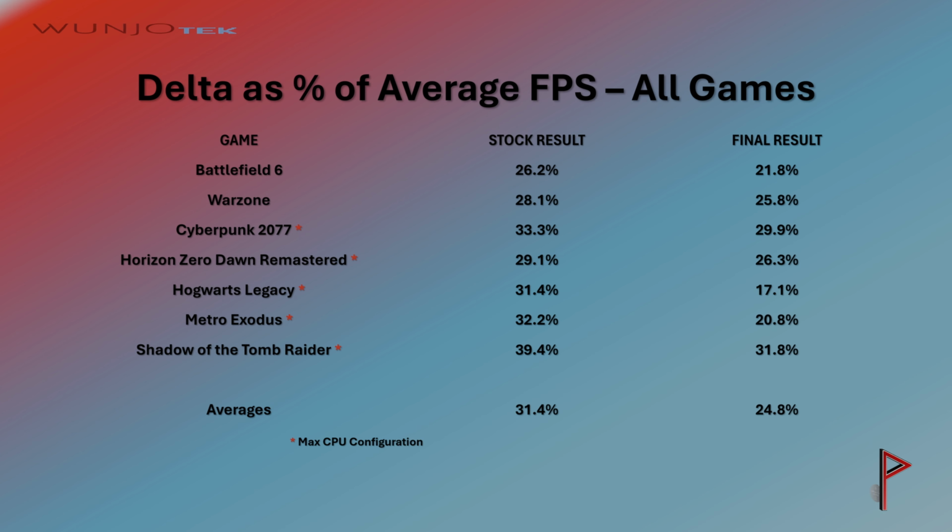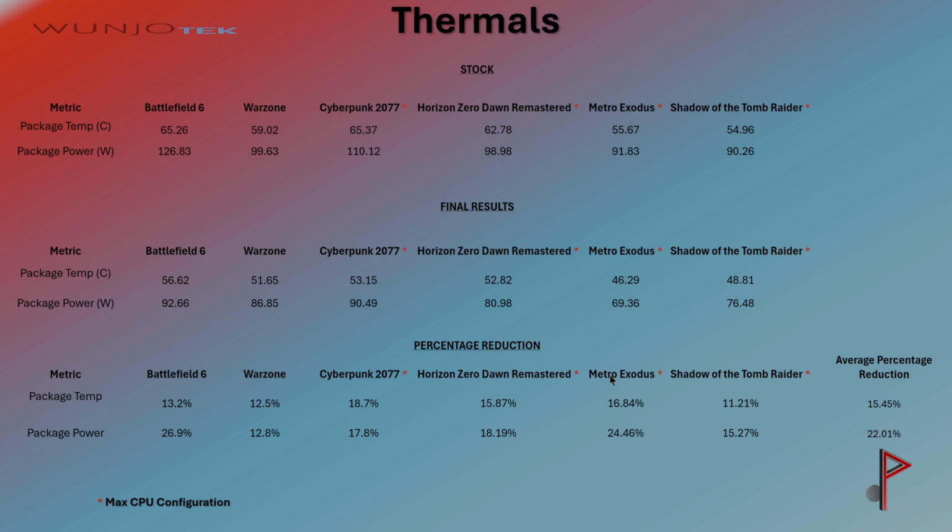And here we see the average reduction in this delta percentage between the stock and final results. 31.4% down to 24.8, which is, I think, very good for a 7-game average, a 20% reduction there.